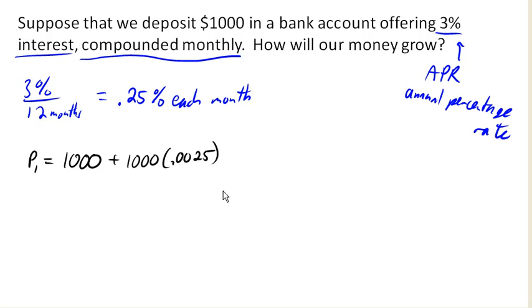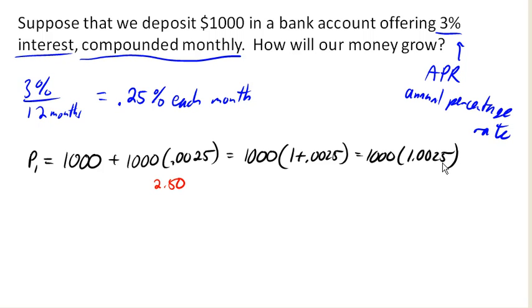So I'm going to have earned $2.50 in interest. Now, this expression's kind of messy, so let's go ahead and factor out the 1,000, and that would leave me with 1,000 times 1 plus 0.0025, or in other words, 1,000 times 1.0025.